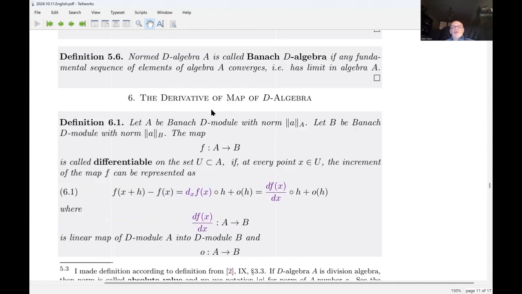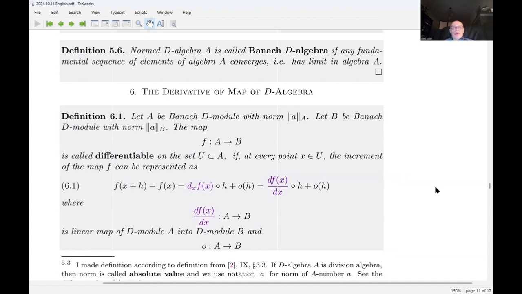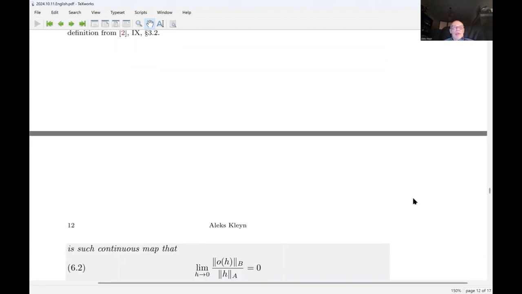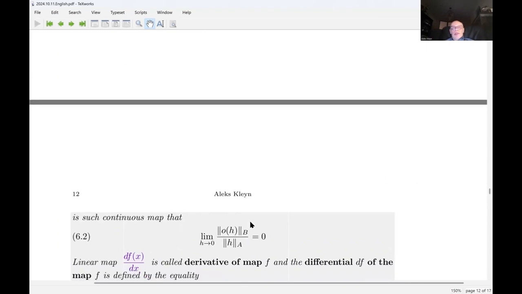Now we can consider the derivative of a map. Let A and B be Banach modules with corresponding norms. The map f is called differentiable on the set U, which is a subset of A, if at every point x the increment of the map f can be represented as equality 6.1, where the derivative of f at x is a linear map of the module A into the module B, and o is such a map that we have equality 6.2.